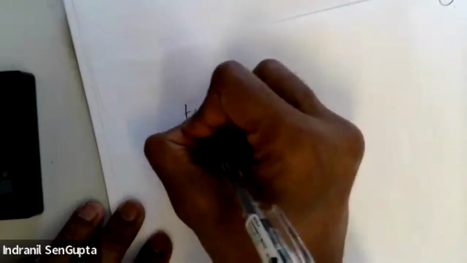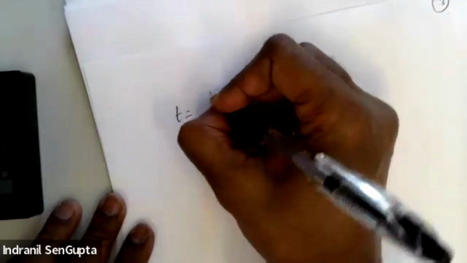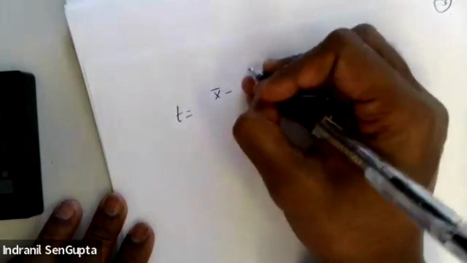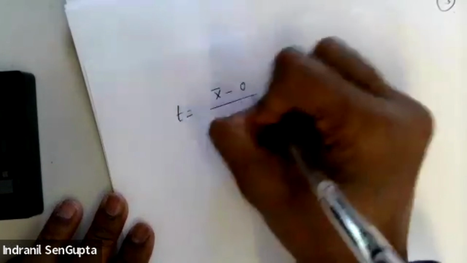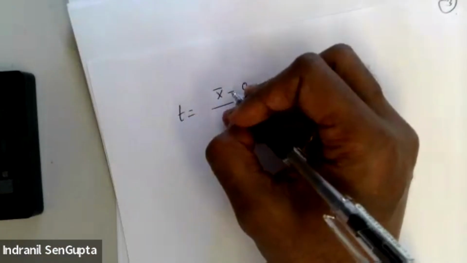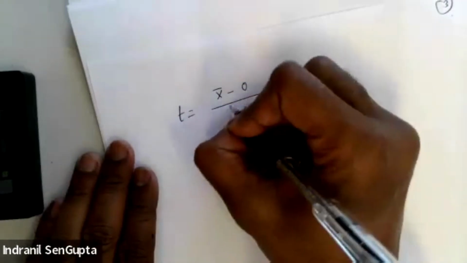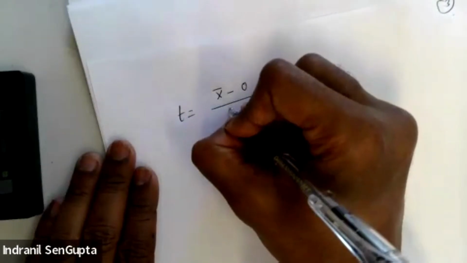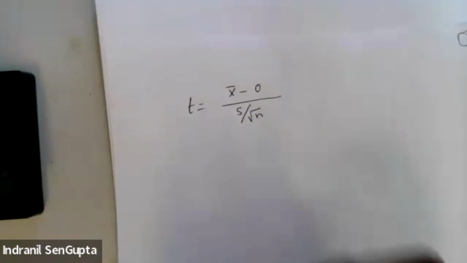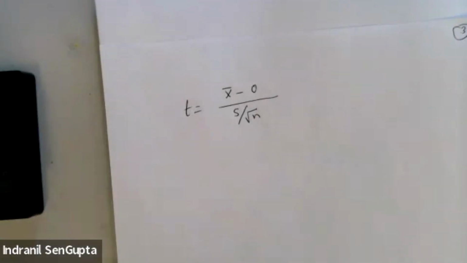When I compute the T statistic value, T would be X bar minus, under the null hypothesis, 0, over S, the standard deviation, over square root of n. So how do you compute this? Now let's look at the numbers.